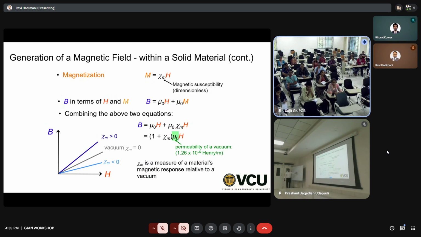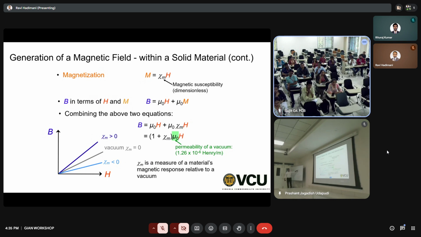Paramagnetic materials will show higher and higher magnetization as you apply the magnetic field. For diamagnets, because B equals H plus M, although M might be negative, because you're adding H and increasing H, your B is always positive. Does that make sense?